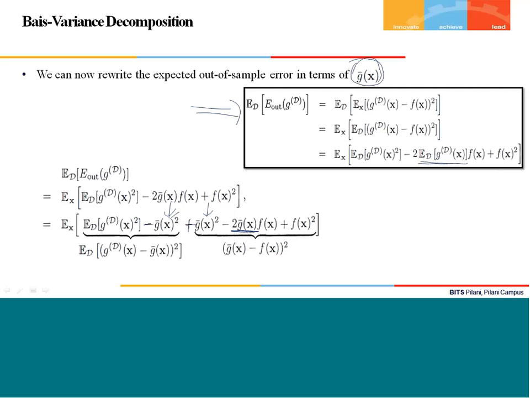Now this is a sum of squares formula: a square plus b square minus 2ab. So you are doing this square here. You are making the sum of this whole square. And because this g of x is a constant in terms of this D, you can bring it inside and you can write this expression like this.